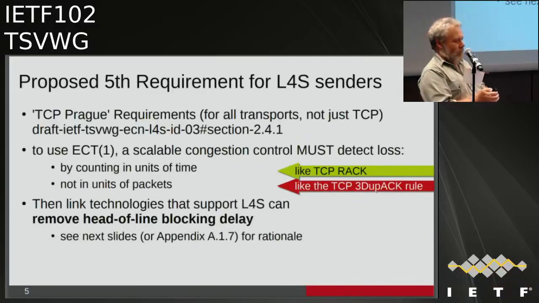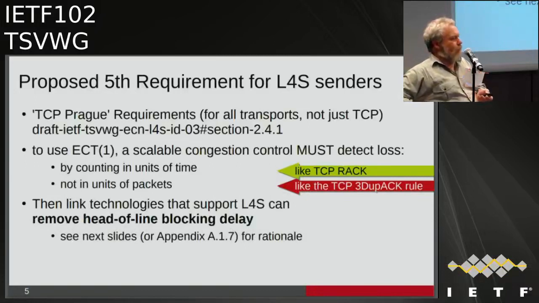I don't think we do mention that term, but it's not just for TCP; it's for all transports, and they're essentially requirements that the congestion control must satisfy in order to have the right to use this code point to send into the network. Essentially what it means is that this code point says this congestion control or this transport is acting in a scalable way and it won't cause a queue, and so on. So it's entitled to go into that very low latency queue.